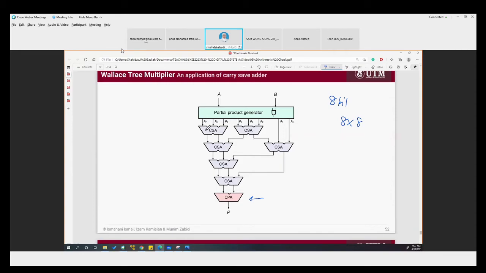The partial product took the, this probably 8-bit, this probably 6-bit, depending on the design. So this is just a general design of Wallace tree multiplier. Okay.